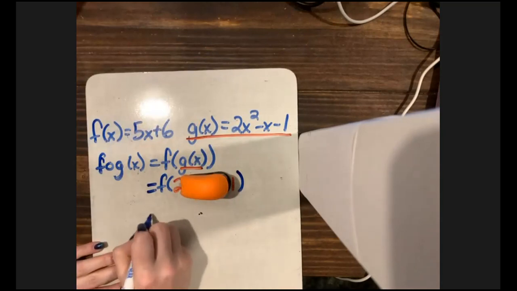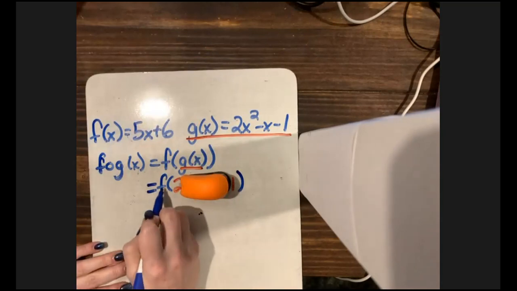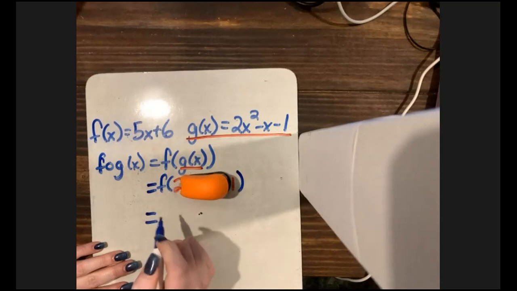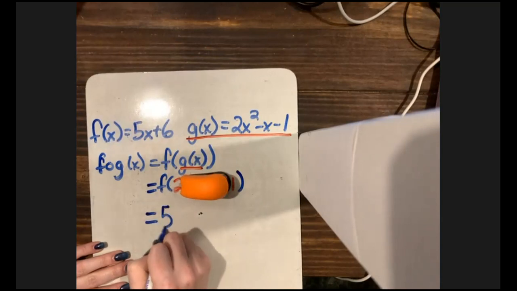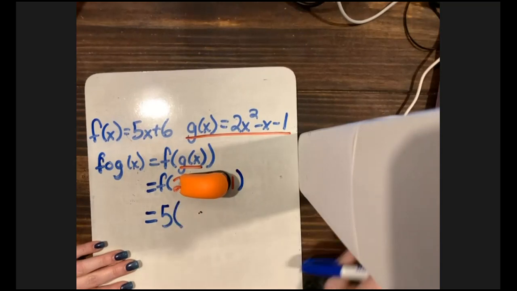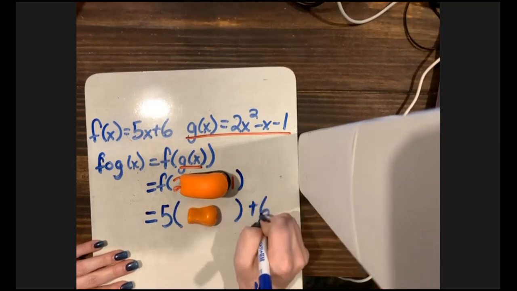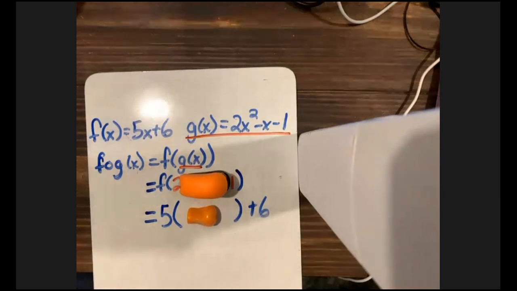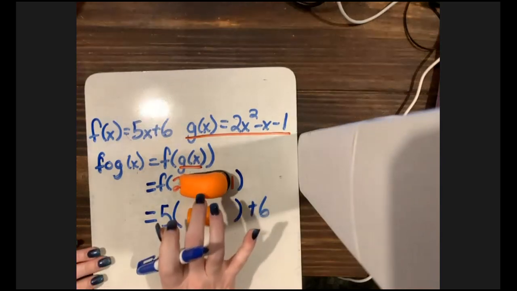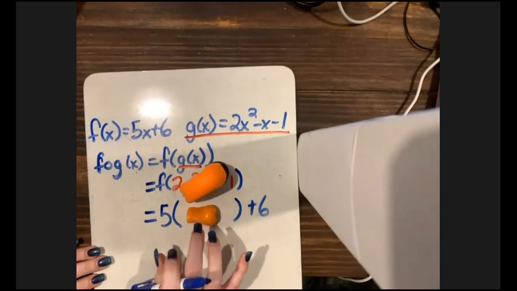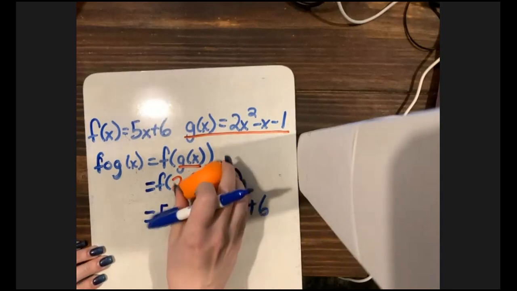And so, kind of sounding real stupid here, f of orange stapler is 5 orange stapler plus 6. You'll have to forgive me. So whatever's underneath this orange stapler is going to go underneath this orange.